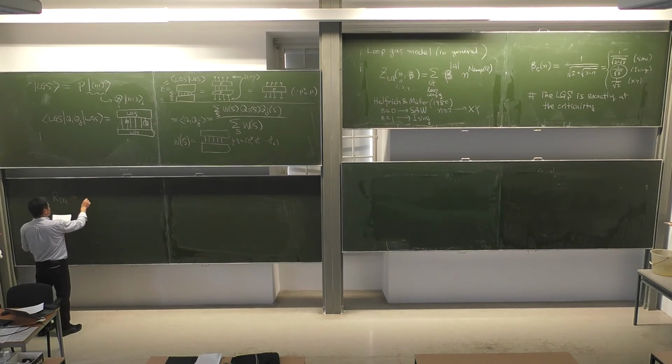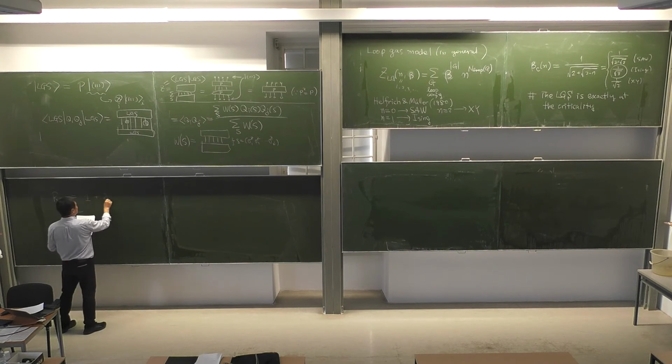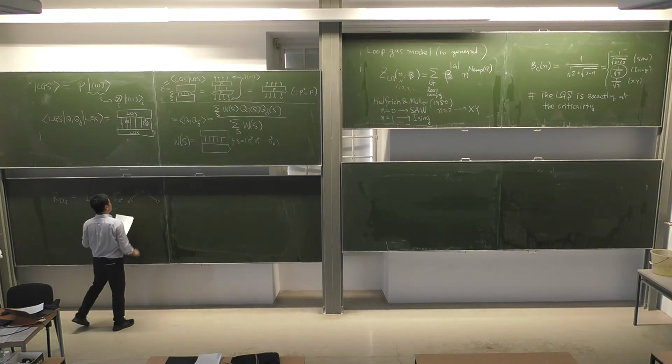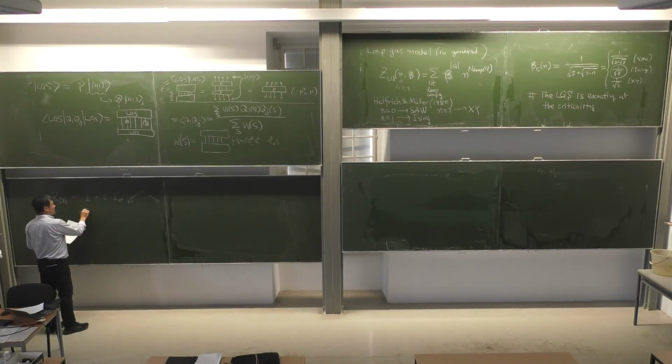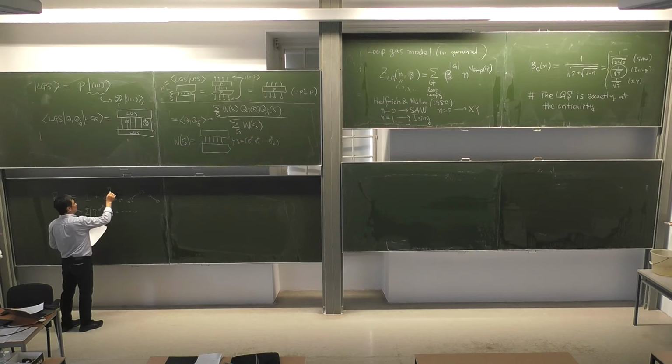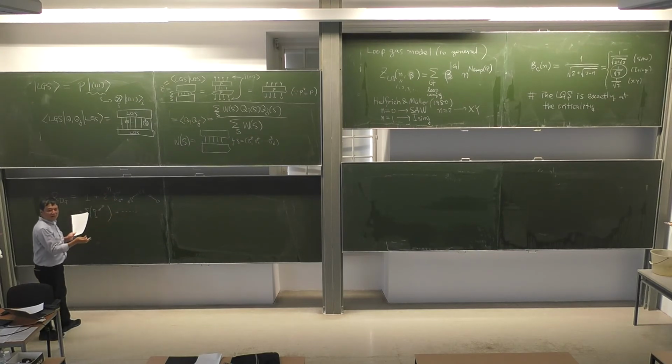The dimer gas operator is like nothing plus something like this: sigma z, or sigma x, or of course sigma y. And of course, we can have any number of these things. And we have a fugacity according to the number of diamonds we have.